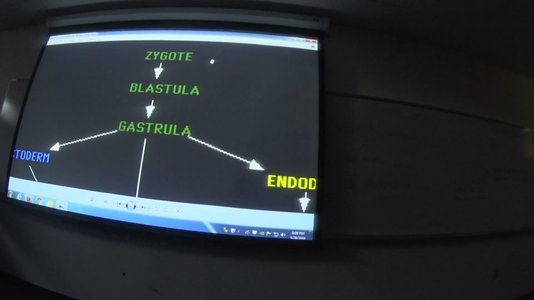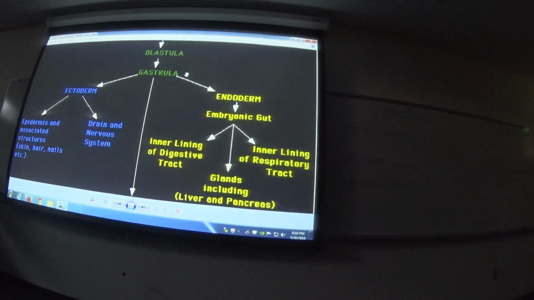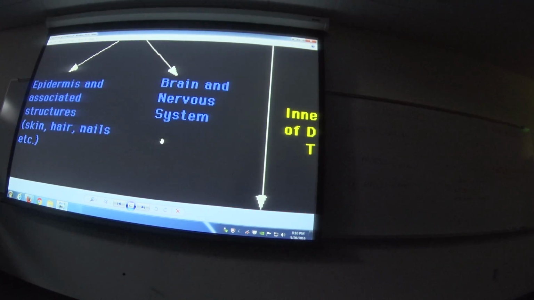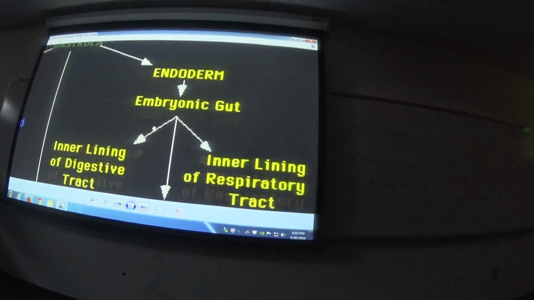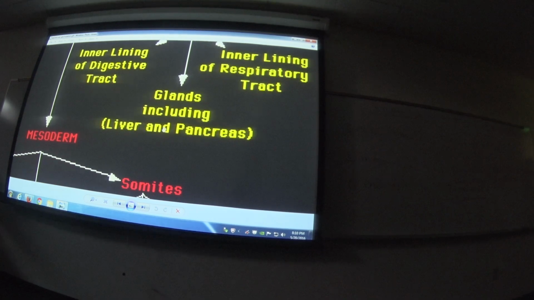Because this is the more formal picture, so let's do this one. Zygote, time 0. Blastula, implant, week 1. Gastrula, week 2. Organs, week 3. So ectoderm is going to make my epidermis, my brain and nervous system. Endoderm is going to make the lining of my gut, the lining of my airway, the glands, things that are just epithelial on the inside.